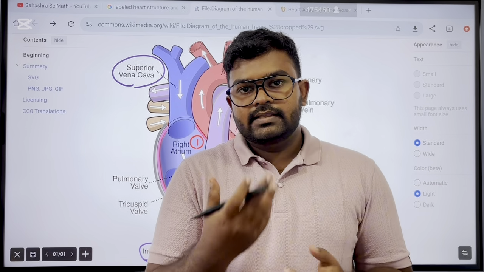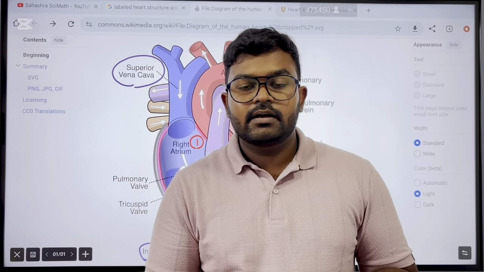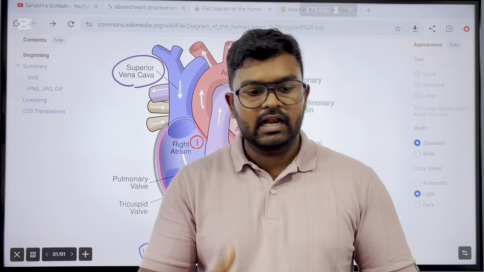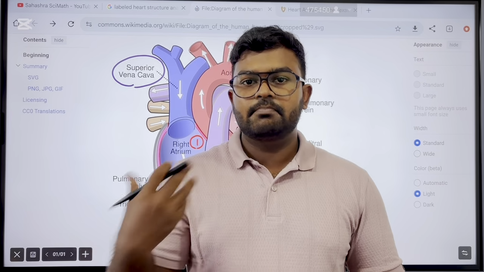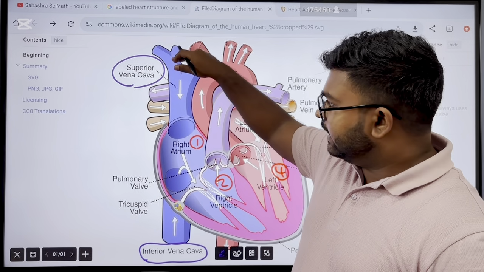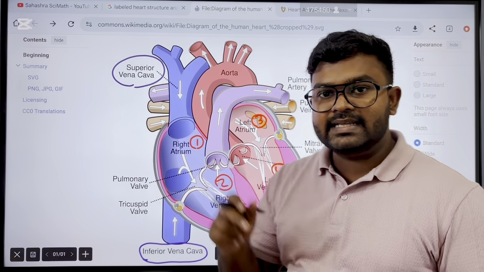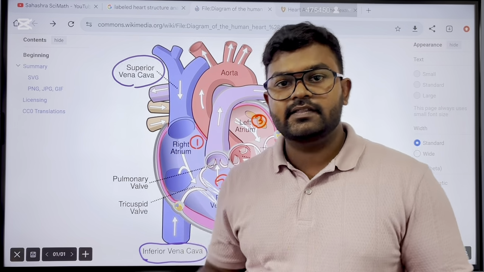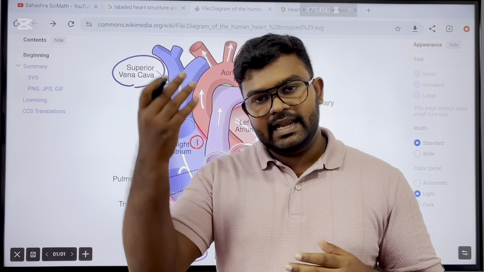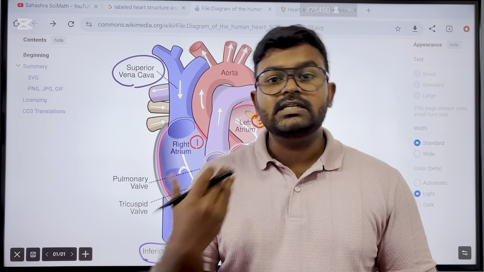The deoxygenated blood from our brain, neck area and upper limbs accumulates into the superior vena cava, then drains into the right atrium. So the superior vena cava drains the upper part of the body.